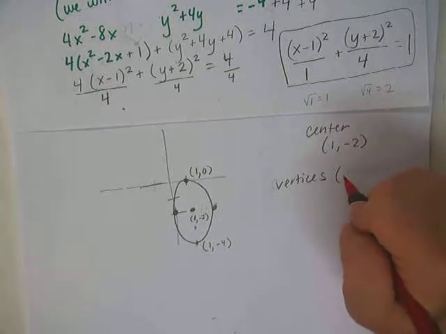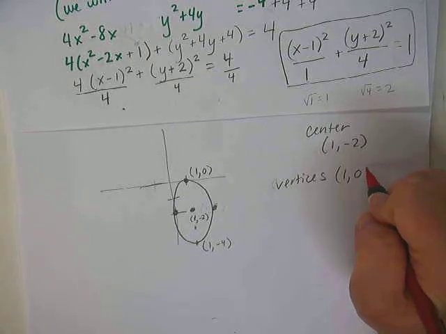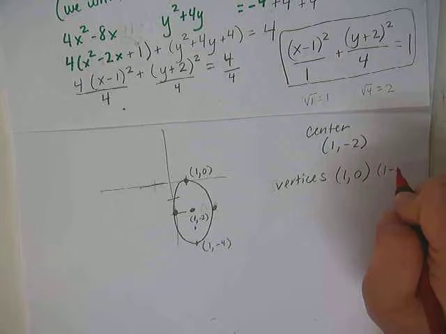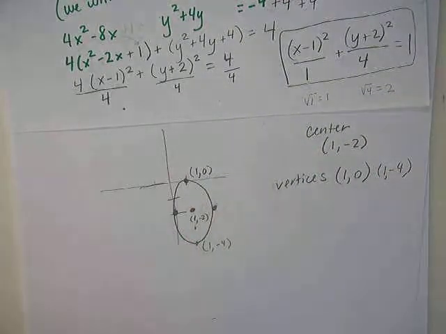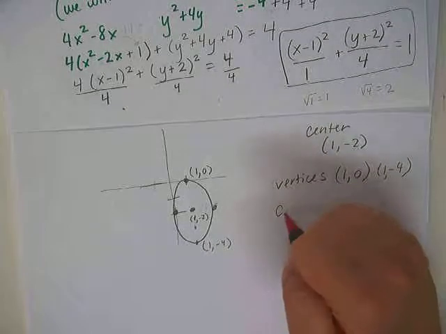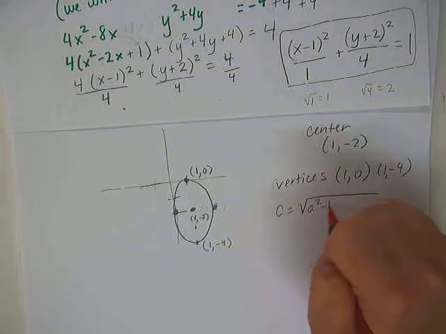And now we need to write down where the vertices are. Where are the vertices? 1, 0, and 1, -4. Are the other two numbers vertices? No, because they are just the other dimensions on the minor axis, right?